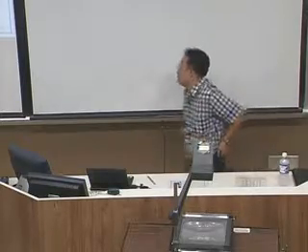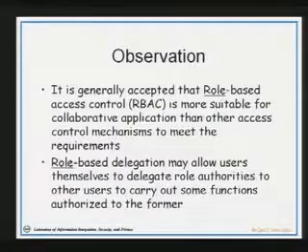First, the first question was, do we need new security models? In order to answer the question, we look at various access control models, and our conclusion was it is generally accepted that role-based access control is more suitable for collaborative applications than other access control mechanisms to meet the requirements related to the particular collaborative environment.